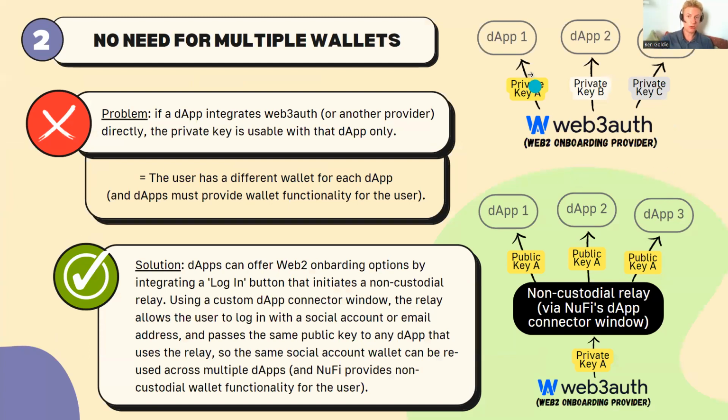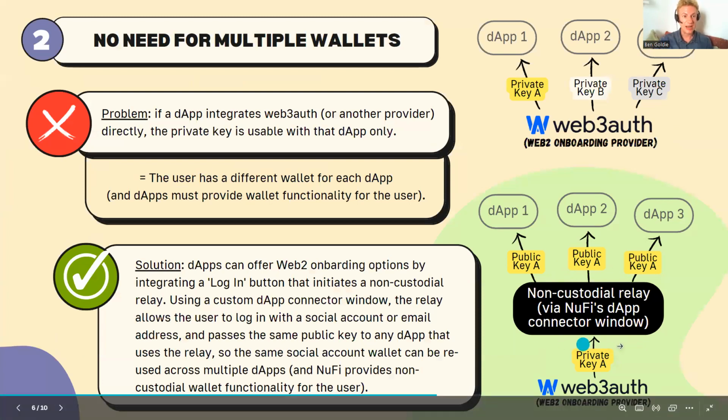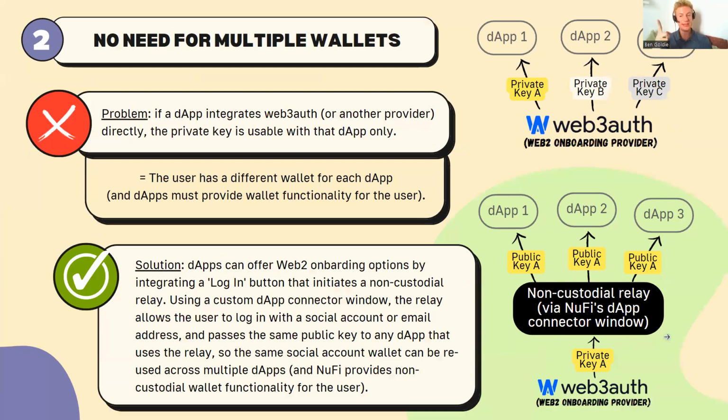So if a user logs into another dApp using their Web2 account, they have a completely different wallet. But our solution solves this. We act as a non-custodial middleman or relay so that one single wallet created by logging in with a social account can be used across multiple dApps.